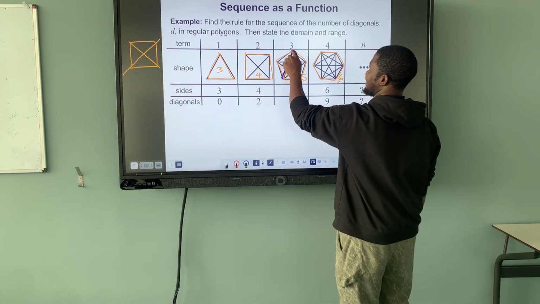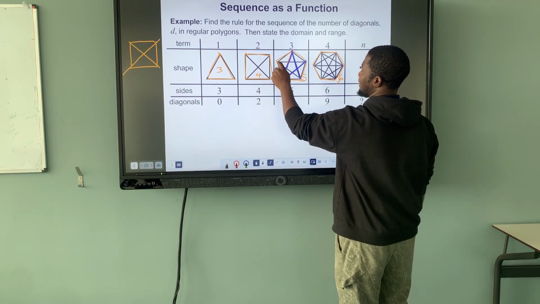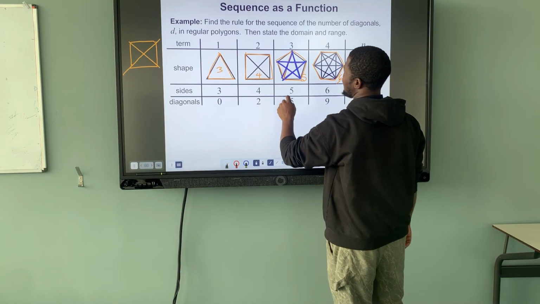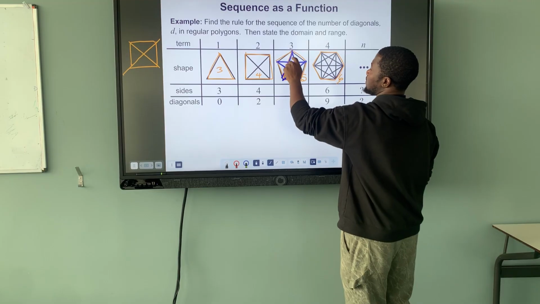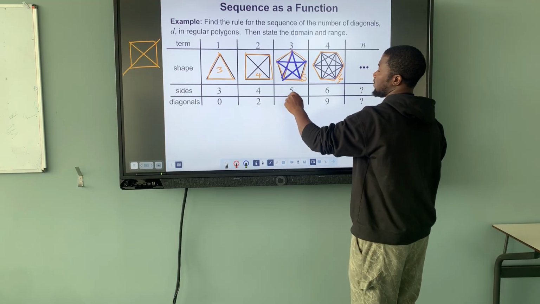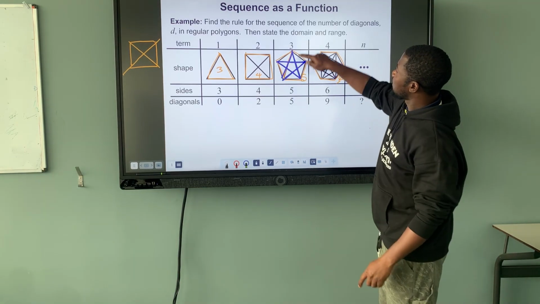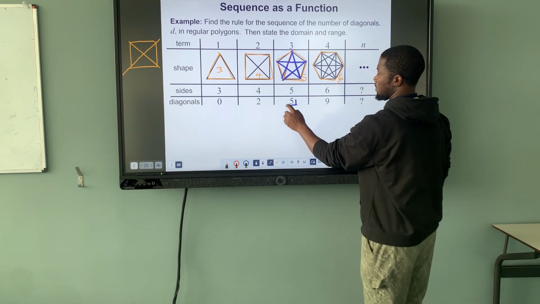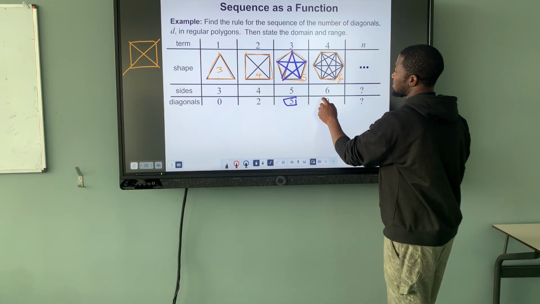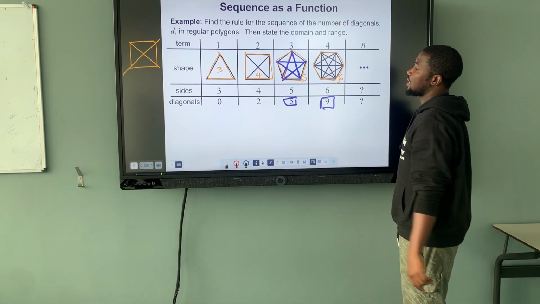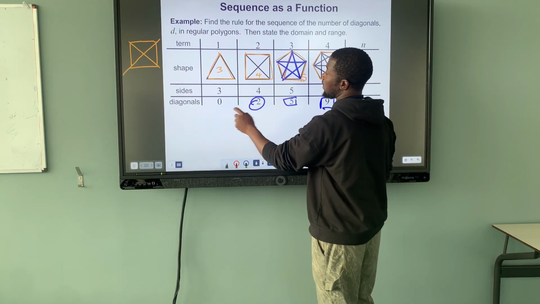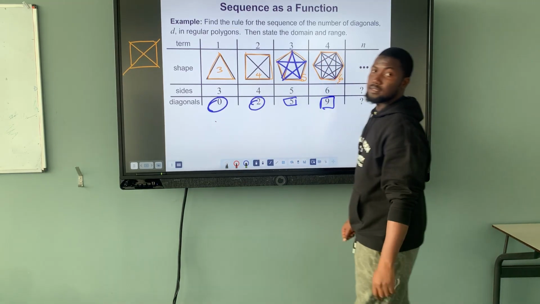Yeah. The diagonals, I'm bringing a different color for the diagonals. Okay, let's count. 1, 2, 3, 4, 5. So you could see that the pentagon has 5 diagonals. So the hexagon has 9 diagonals. So the square has 2 diagonals and the triangle has 0 diagonals.